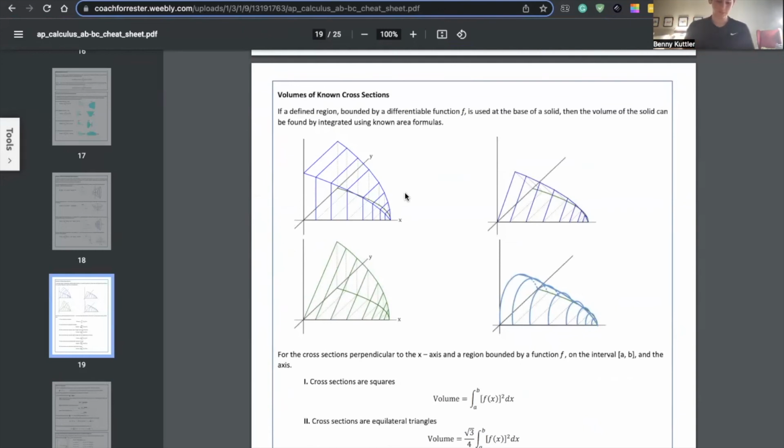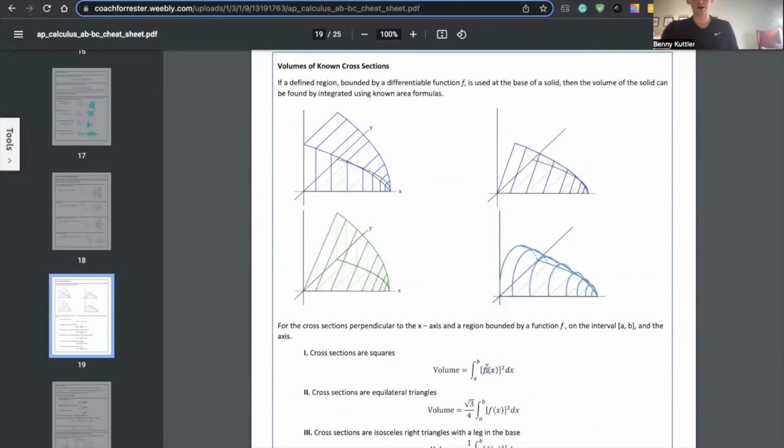So cross section by squares, it's just the area for a square inside of an integral, but then you use the function instead of the length. So if your function was, let's say, f of x equals x, then you'd find the integral of x squared between whatever your endpoints were, and then you just evaluate the integral.